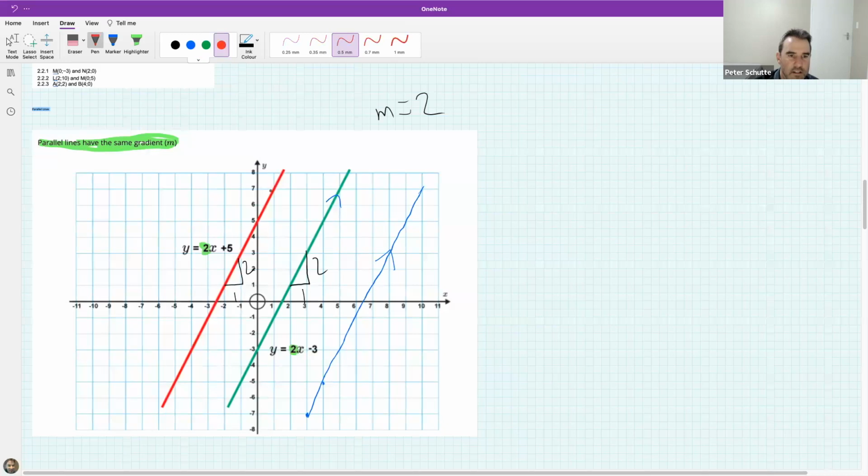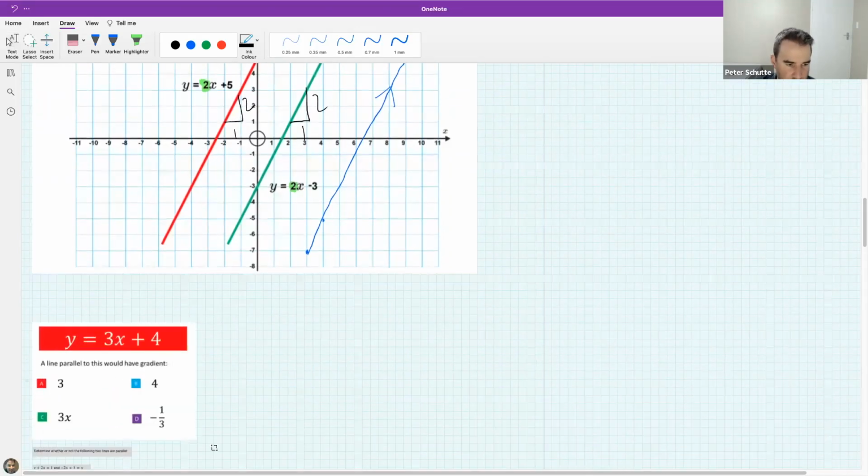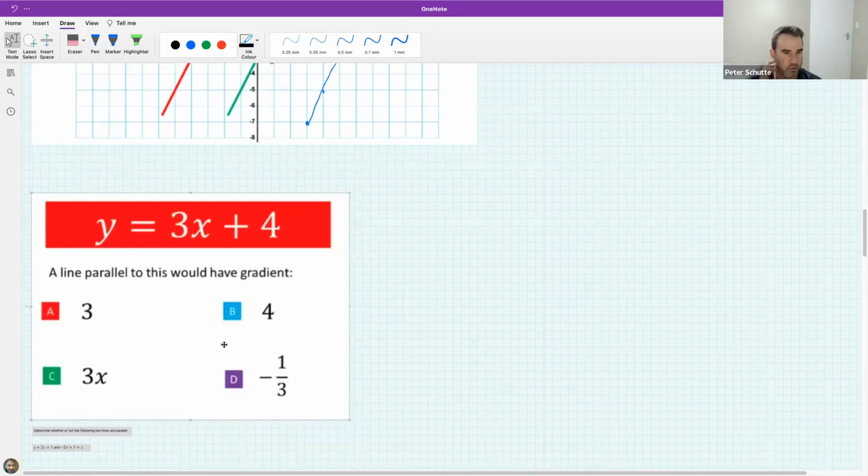And all I did is I made sure that the gradient was 2, and then the lines are parallel. Okay, so parallel lines have the same gradient. So how can we mix this into a straight line question? Well, let's try a nice simple one to start with. If I had a line parallel to y equals 3x plus 4, what would the gradient of that line be? And you can choose A, B, C, or D. Tell me what you think.